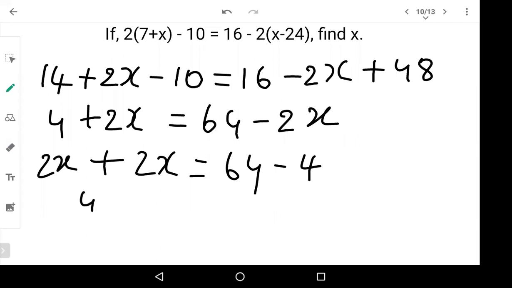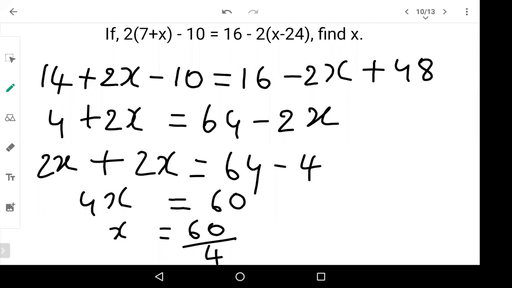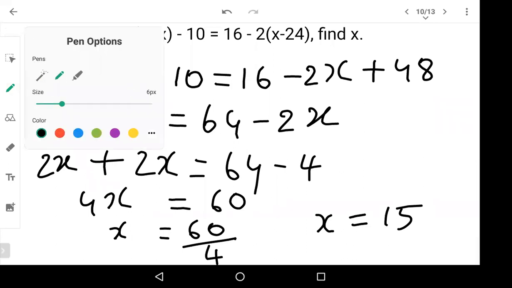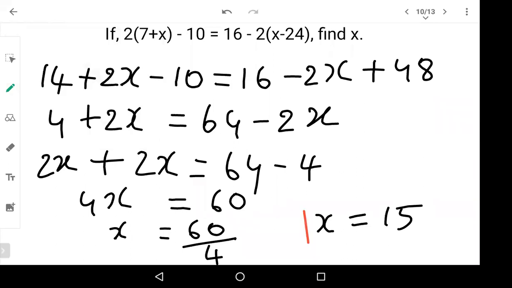Okay, so 4x is equal to 64 minus 4 is 60. So x is equal to 60 divided by 4. So x is equal to 60 by 4 is nothing but 15. Everybody got it, sorry, x is equal to 15.